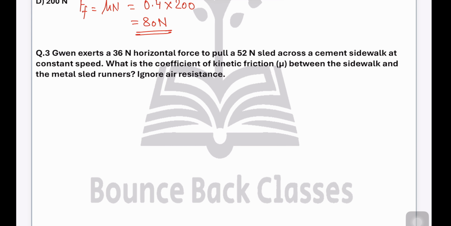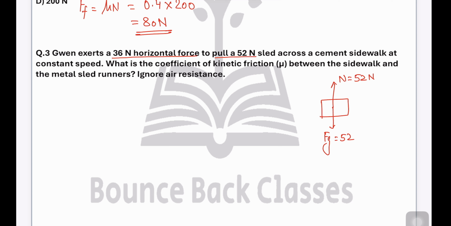Gwen exerts a 36 Newton horizontal force to pull a 52 Newton sled. Okay, let's say this is the sled. What is the force of gravity? 52. It means this is your N, which equals 52 Newtons. Till here clear?